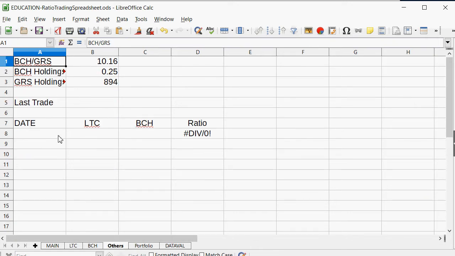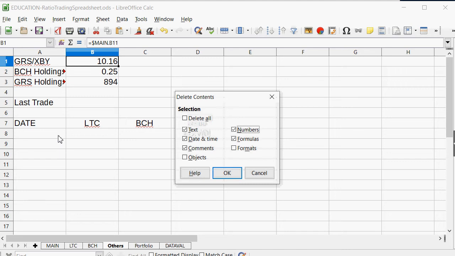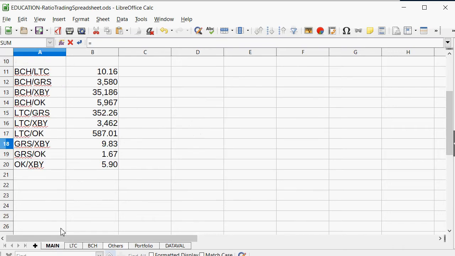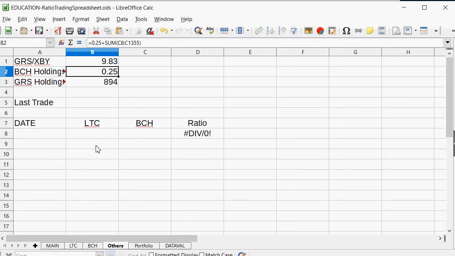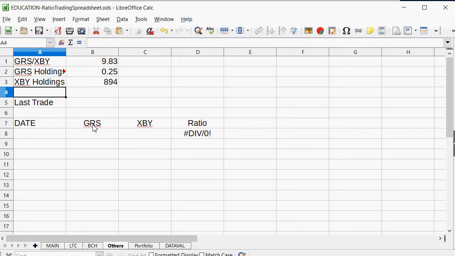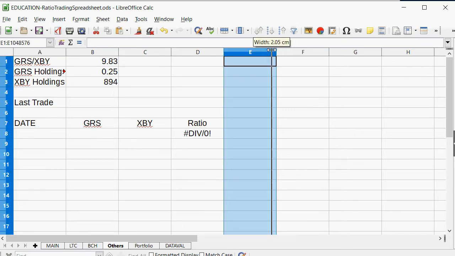So let's go GRS XBY. We'll get the ratio. Didn't want to. I'm trying to push equals, and I'm pushing the key beside me when I do that. Alrighty. So we'll get the ratio there. We'll switch this up, and that one is done.